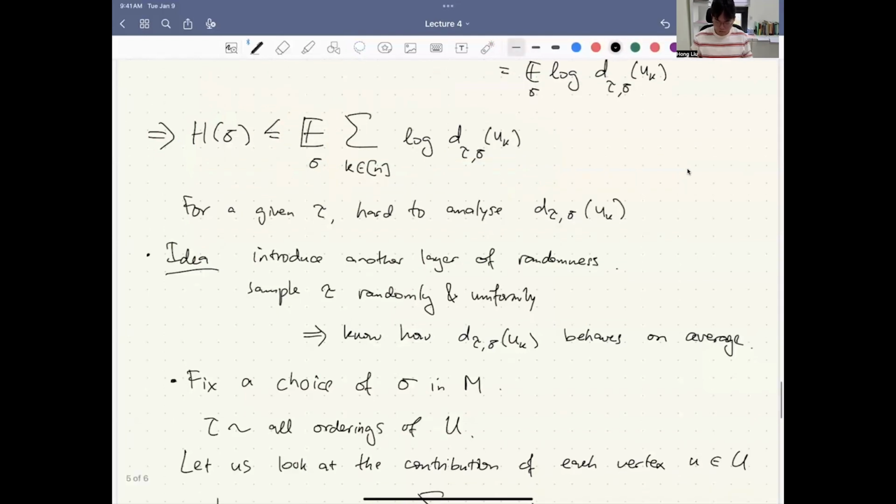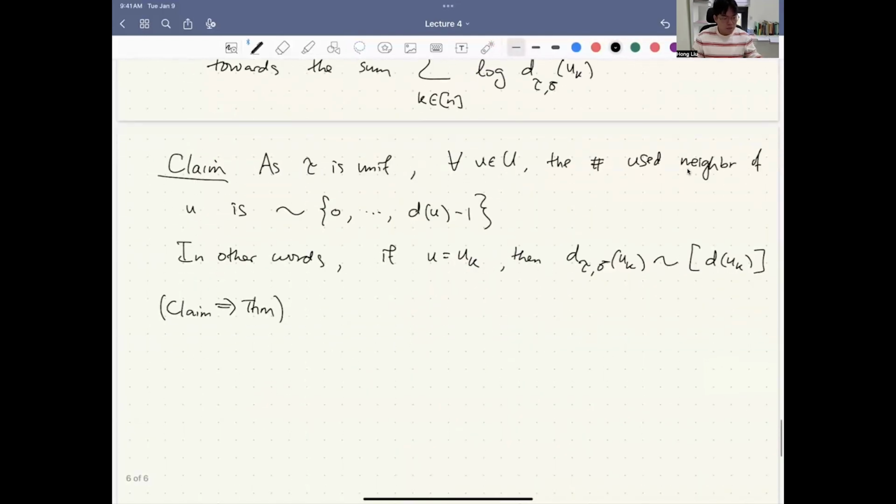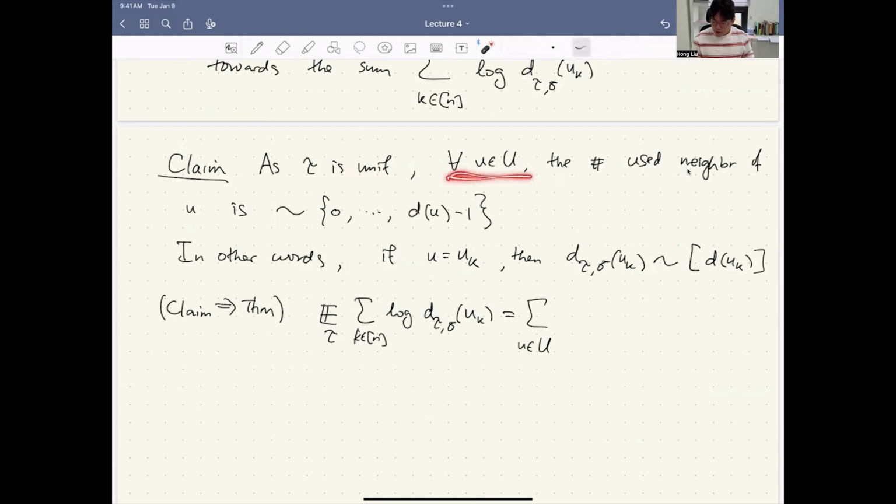Then if you take the expectation over tau, now that tau is random, the sum that we cared about, log d tau sigma UK, equals the sum over all vertices in U of their contribution.